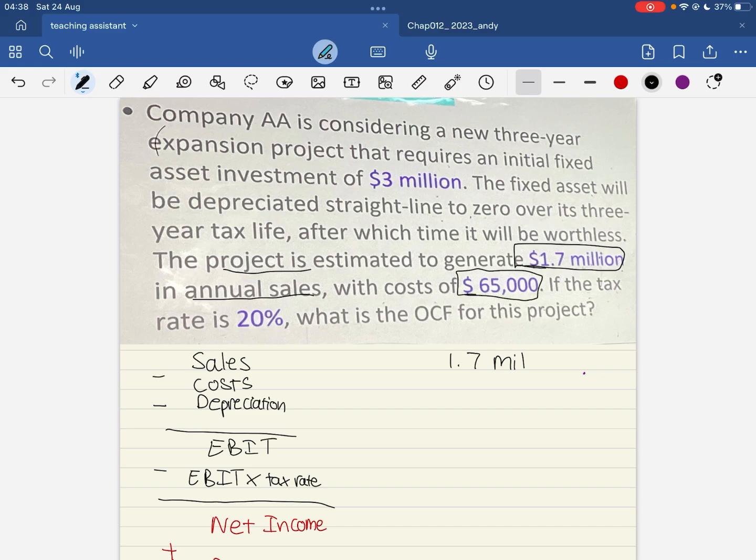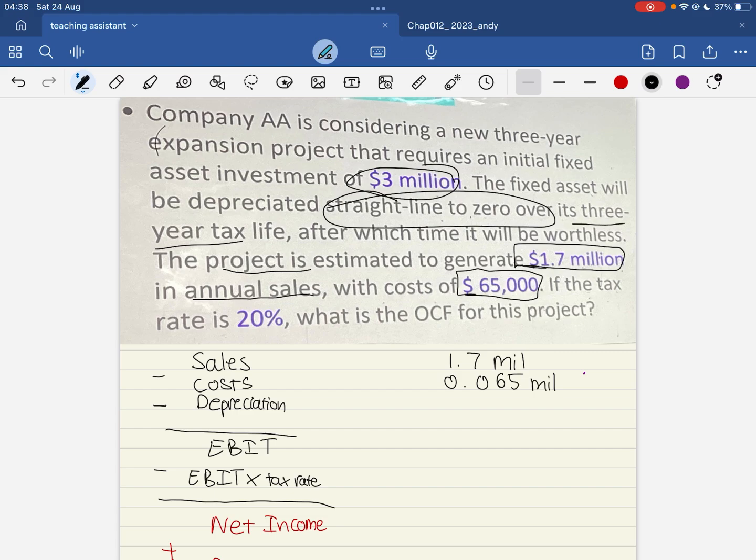And $65,000 gonna be equal to $0.065 million. Minus depreciation. Where's the depreciation? Well, of course, the exercise not gonna give us what is the depreciation. It only provides the clue. And the clue here is $3 million with straight line to zero in 3-year tax life.